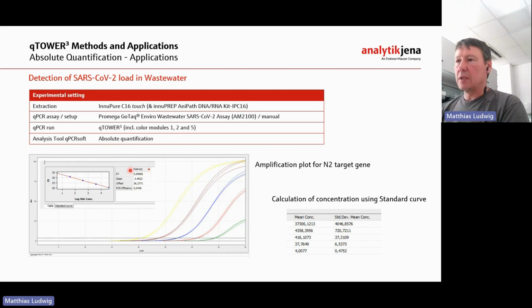You can see here we have an R square of 0.999, and a very good PCR efficiency of about 94%. Based on this calibration curve, the software calculates the concentration of the unknown samples for you.